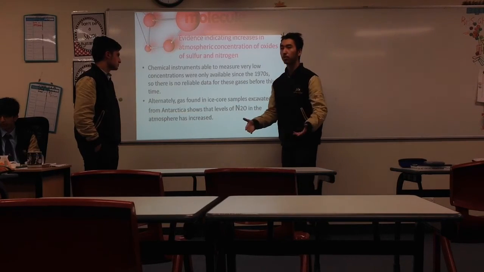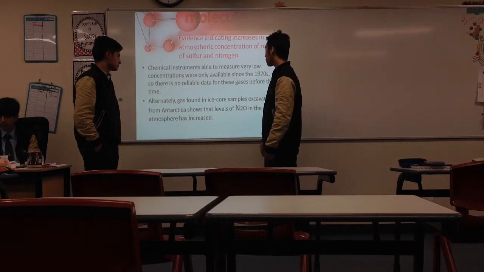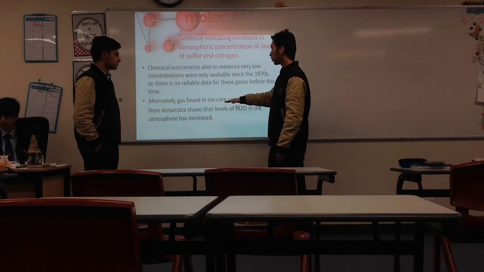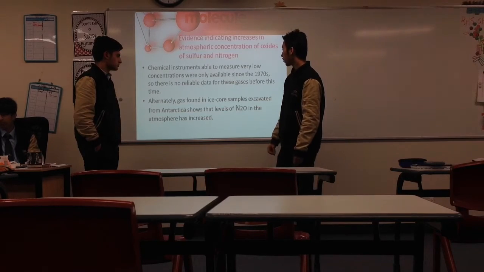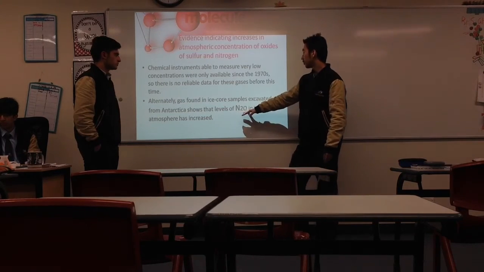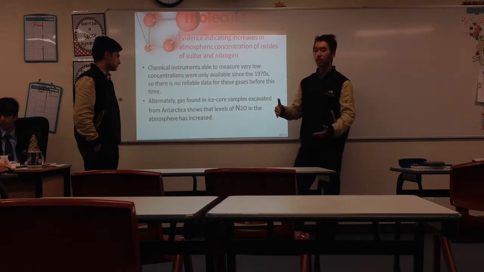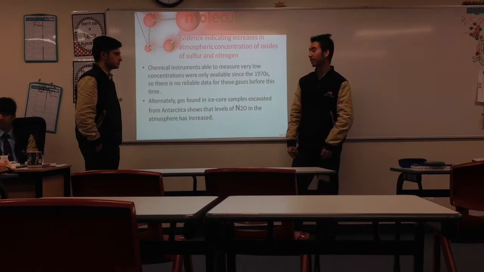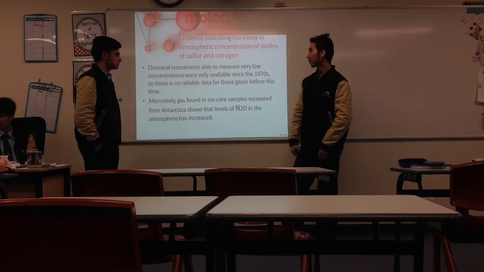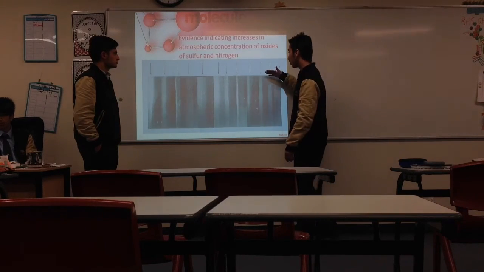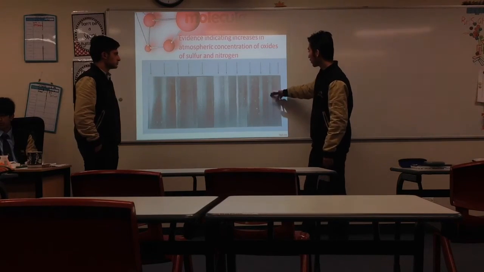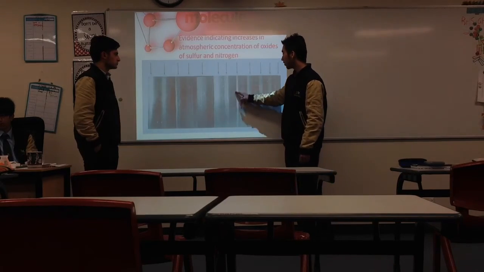To compensate for this unreliable data, ice core samples extracted from Antarctica were used to show that N2O has been increasing in atmospheric concentration. This is just a sample ice core. As you can see, the gray shades represent the concentrations.